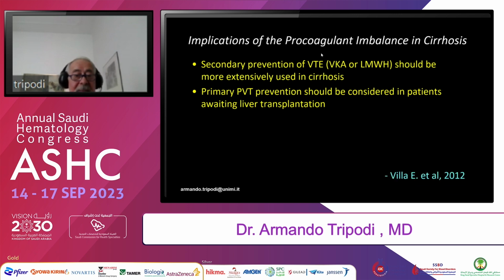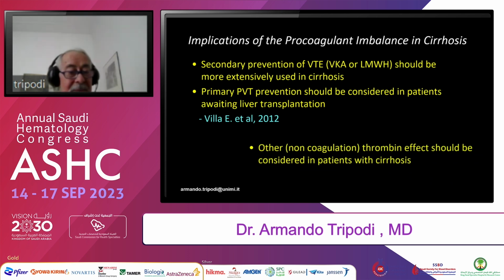And in fact, there were some clinical trials assessing the value of this prophylaxis. And Dr. Villa published some studies some years ago in which she demonstrated that the use of low molecular weight heparin is really useful to prevent PVT in patients awaiting liver transplantation.